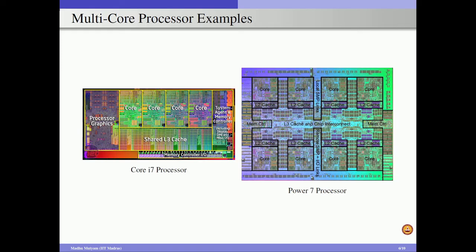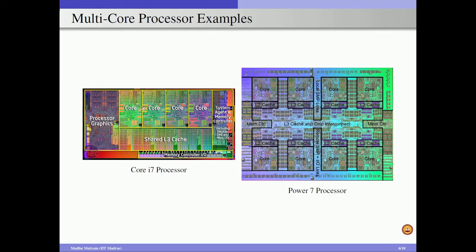Example multi-core processors are the Core i7 processor from Intel and the Power 7 processor from IBM. Here we can see the Core i7 processor, which has 4 cores, and each of these cores has all the support for executing instructions in out of order fashion. It also has multiple levels of caches, L1 and L2 caches private to each of these cores, and there is a shared cache, which is shared by all these 4 cores.